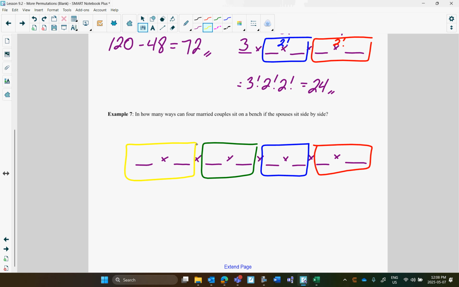So when I do it overall, how many do I have now? 4 positions, right? 4 times 3 times 2 times 1, or 4 factorial. But within each married couple, they can sit 2 factorial ways. So I've got to go times 2 factorial, times 2 factorial, times 2 factorial, times 2 factorial.